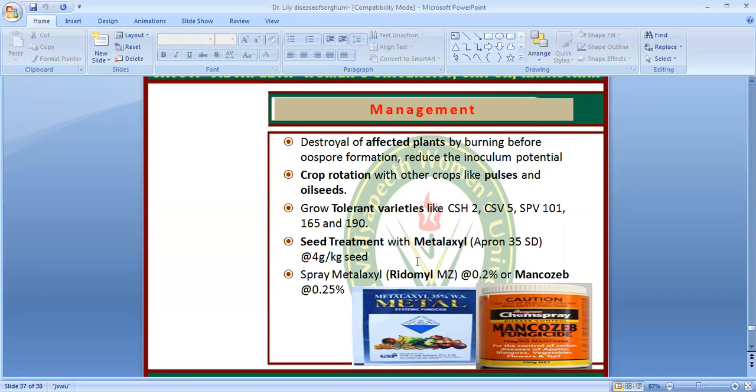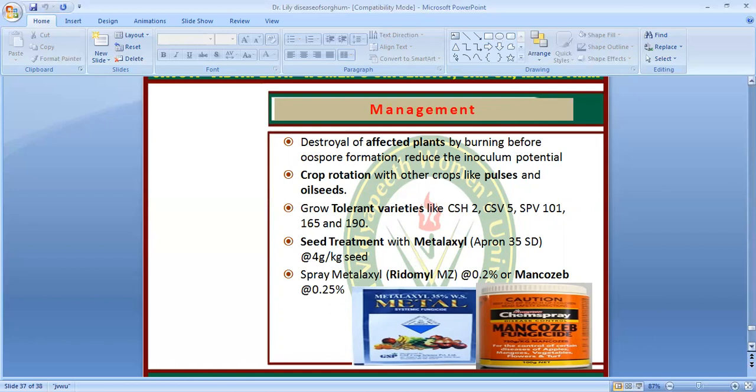Crop rotation with pulses and oilseeds also prevents the disease. Resistant varieties are CSH2, CSV5, etc. Seed treatment with metalaxyl at the rate of 4 grams per kg seed, and spray of metalaxyl at the rate of 0.2% or mancozeb at the rate of 0.25%.